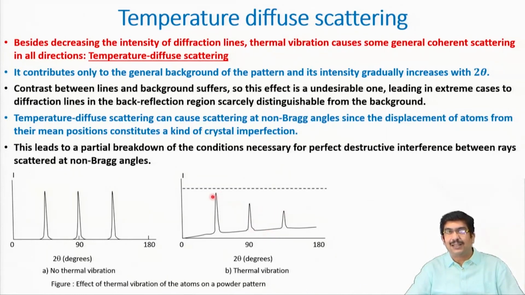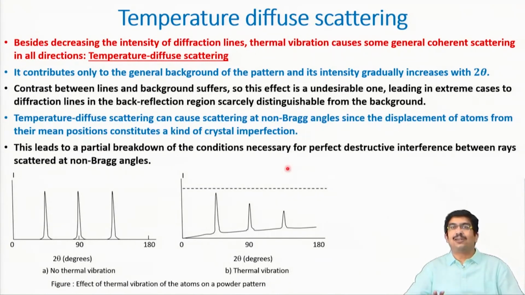You see here, the intensity is constantly decreased due to the thermal vibration effect at higher and higher 2 theta values, plus the background continuously increases with 2 theta value. So, both of them ultimately affect the absolute intensity of these peaks at higher 2 theta values. So, this is another effect of temperature.